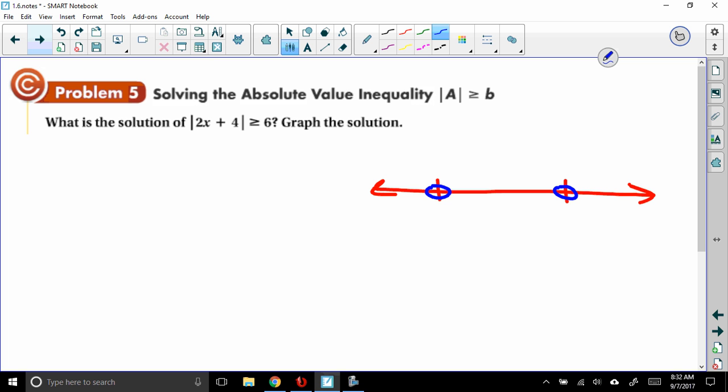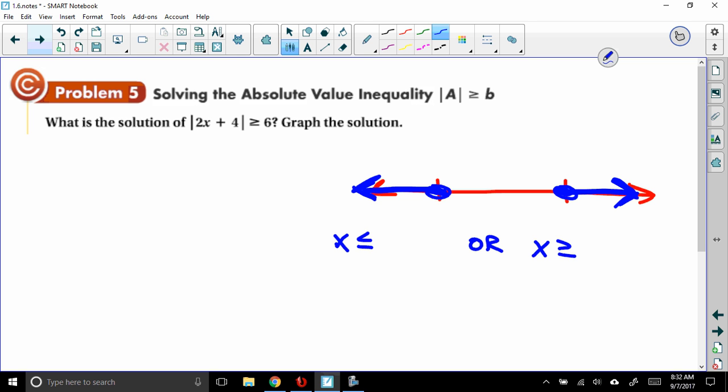Because of the or equal, that's where we fill in the dots, because it could be equal to those, right? Because of the greater than, we know this is going to be like the rowboat. So here's my oars. When I write up my answer, I know that x is going to be greater than or equal to the large number, or x is going to be less than or equal to the small number.